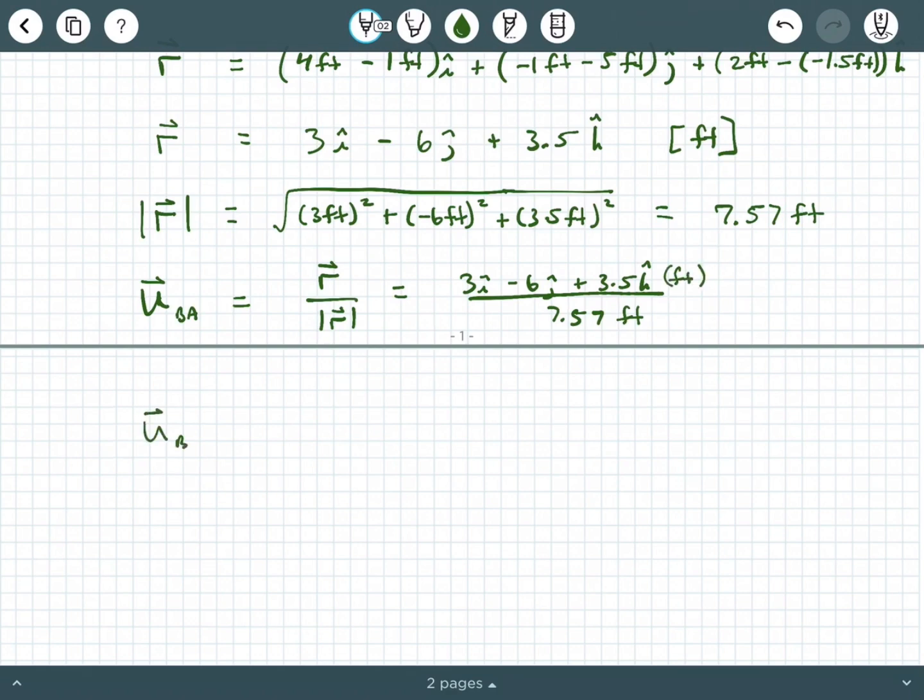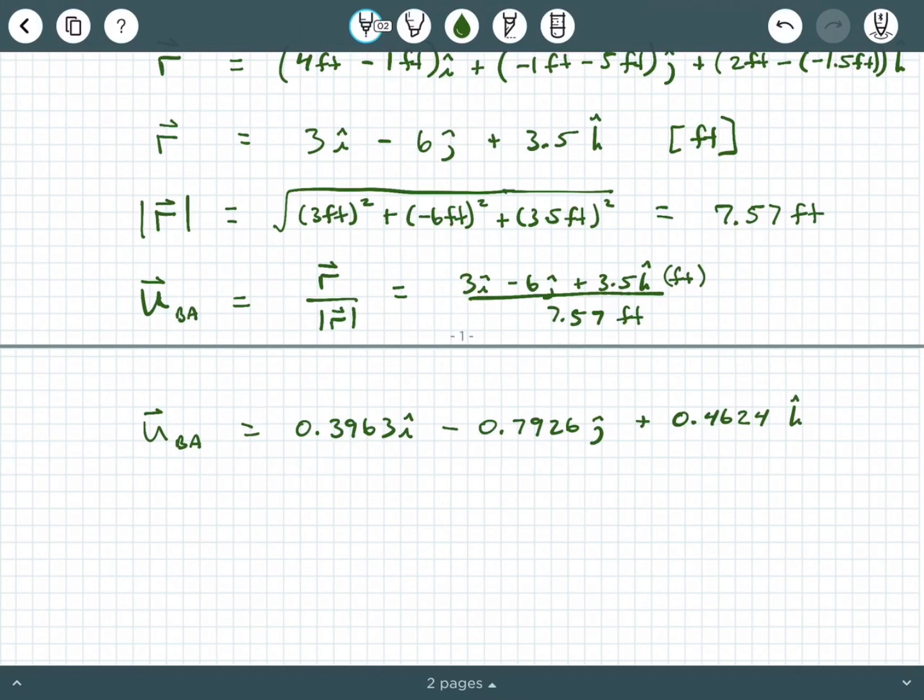If you package this together and divide some values out, we get 3 divided by 7.57, which is 0.3963i, minus 6 divided by 7.57, which is 0.7926j, plus 3.5 divided by 7.57, which is 0.4624k.